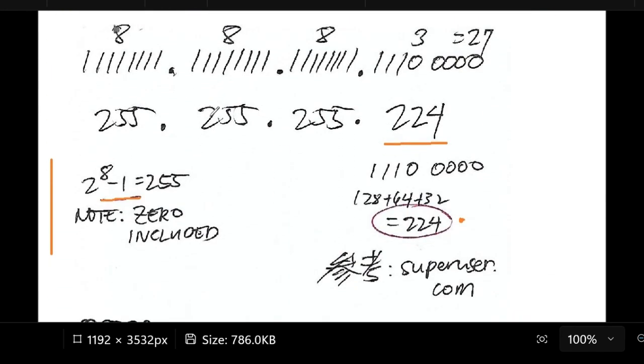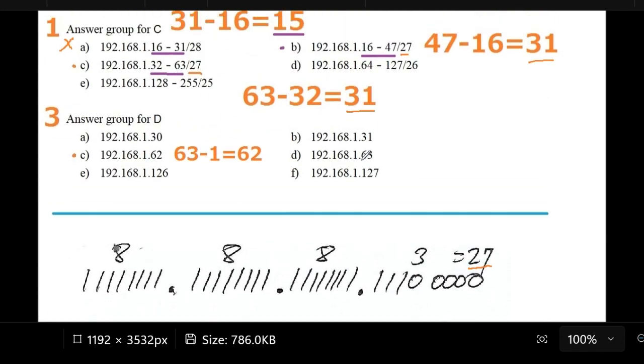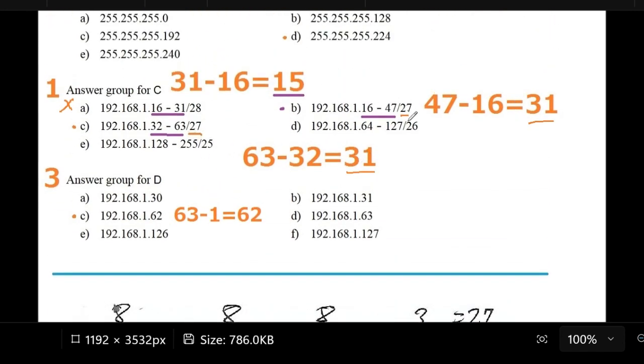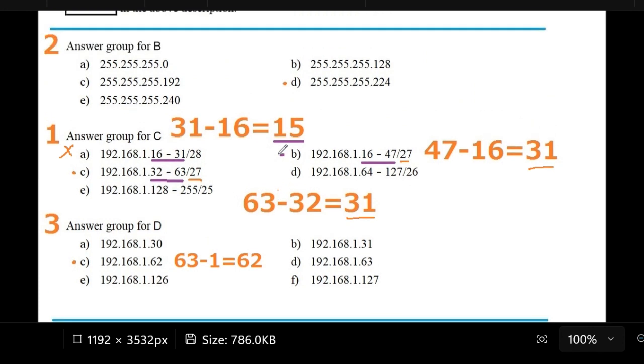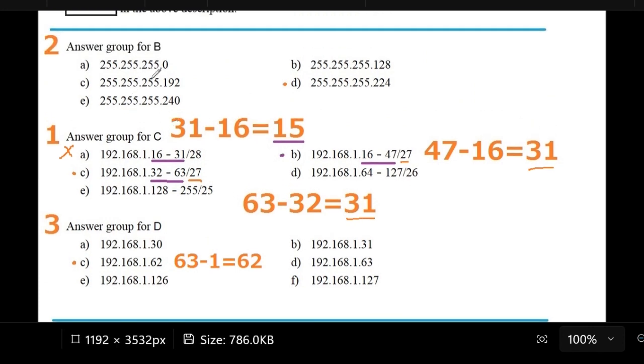If we have the subnet mask, remember we are choosing the answer for the first question where there would be the subnet mask that will be used for the next computer lab number 2. And we see here the 27 number. Again, we have here 27, and the set of choices from answer group 4B would have the subnet mask, okay?